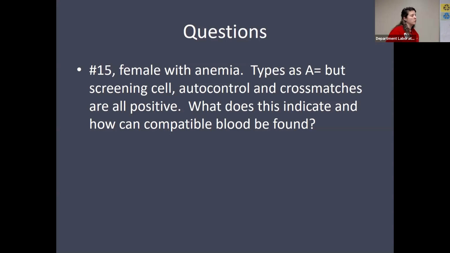What's the auto absorption going to do? It's going to try to absorb out whatever that antibody is in the patient plasma. So if you adsorb it out, then we could repeat your IAT and hopefully it would be negative, right? So we could try to do an adsorption.